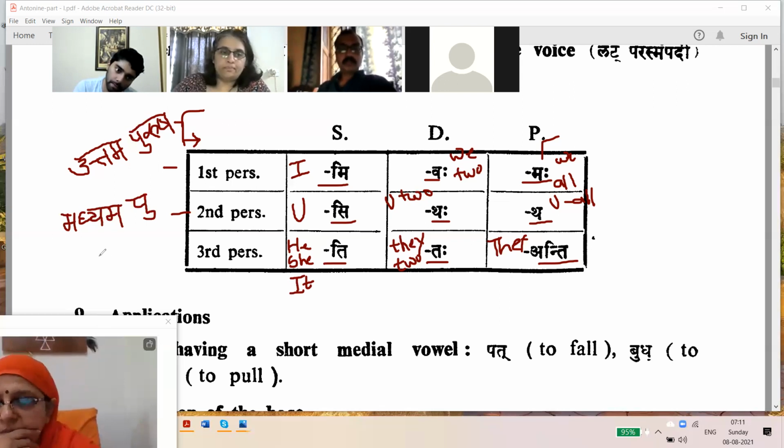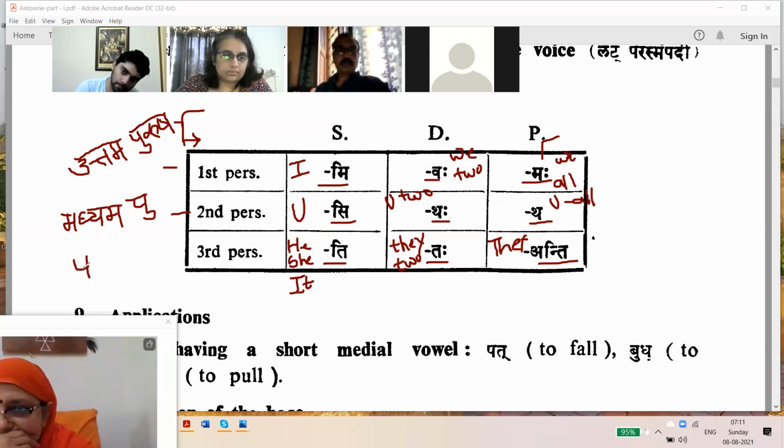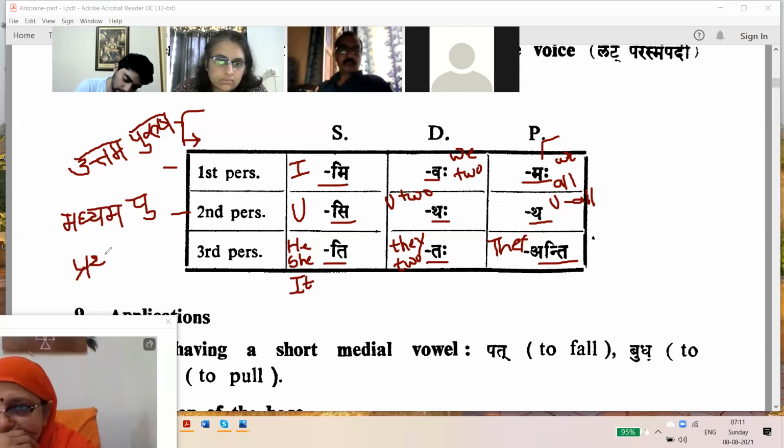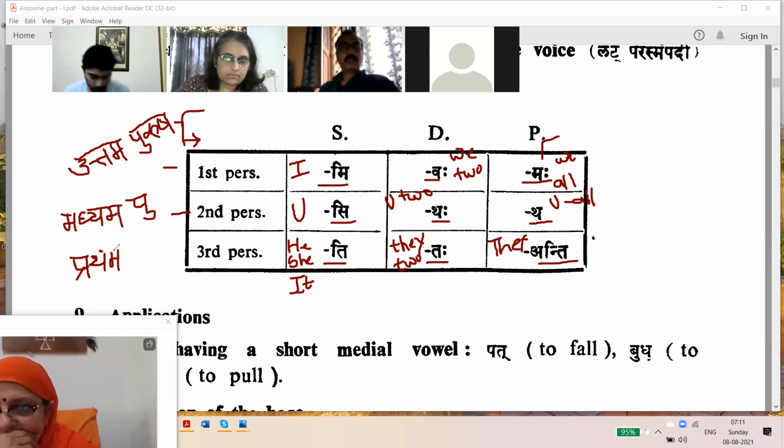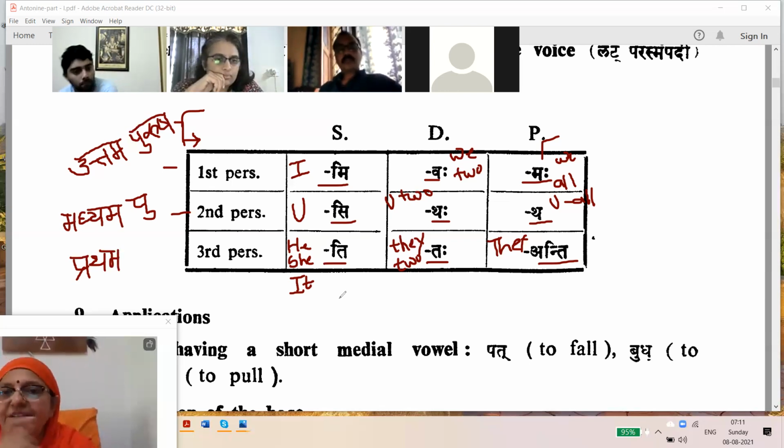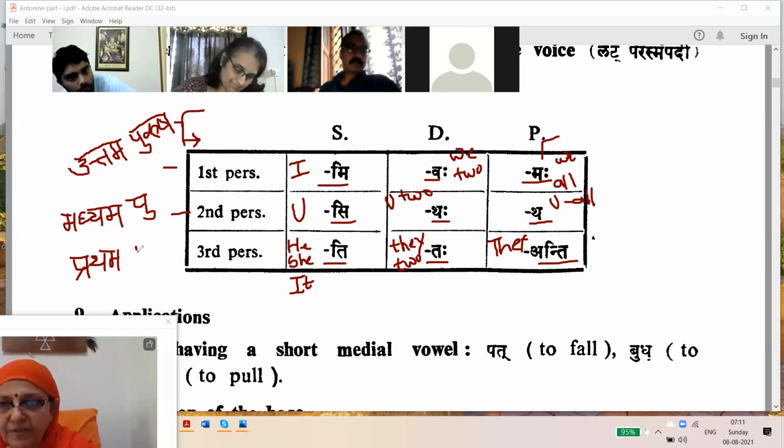Third person is called Prathama Purusha. Traditionally, they teach starting from ti taha anti, si thaha tha, and mi vaha maha. But this English person has started with mi vaha maha, because we come last up to one. That's why ti taha anti is Prathama Purusha.